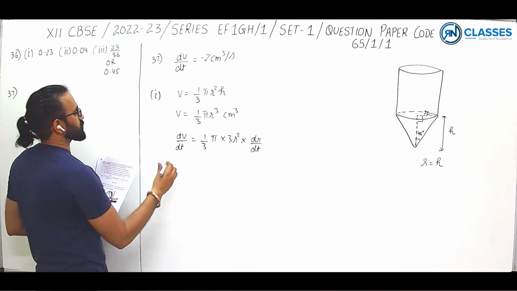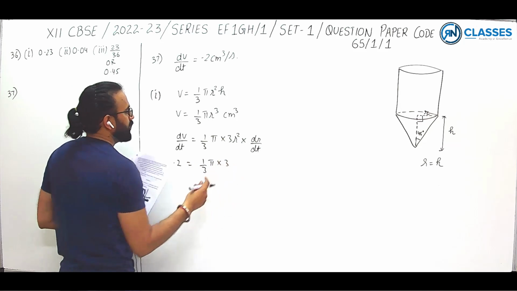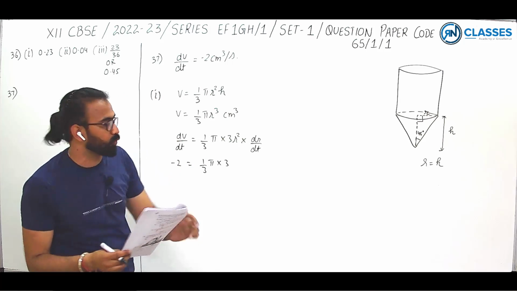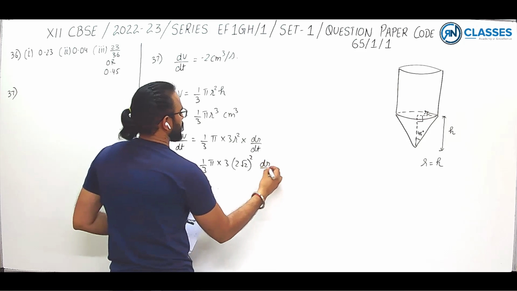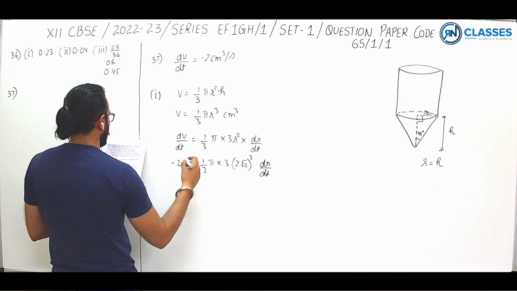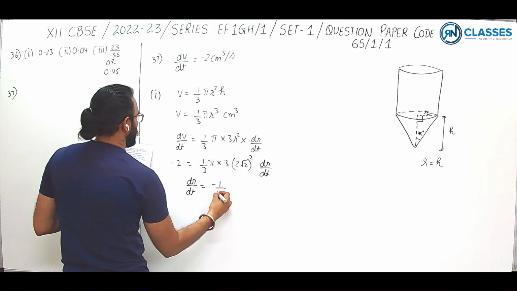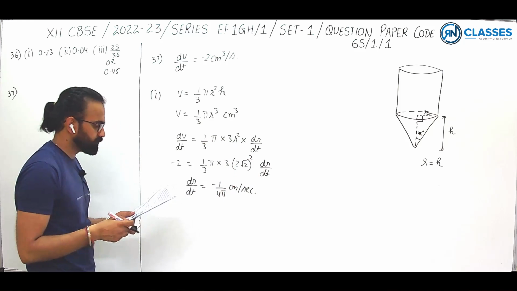We will substitute the value of dV by dt: -2 equals to 1/3 into pi into 3, and we have to find dr by dt at the instant when radius is 2 root 2. So 2 root 2 whole square into dr by dt. As we simplify this, dr by dt turns out to be -1/4 pi, carefully, centimeter per second.